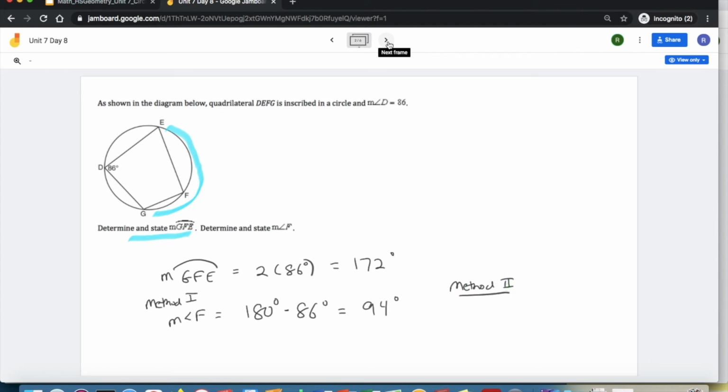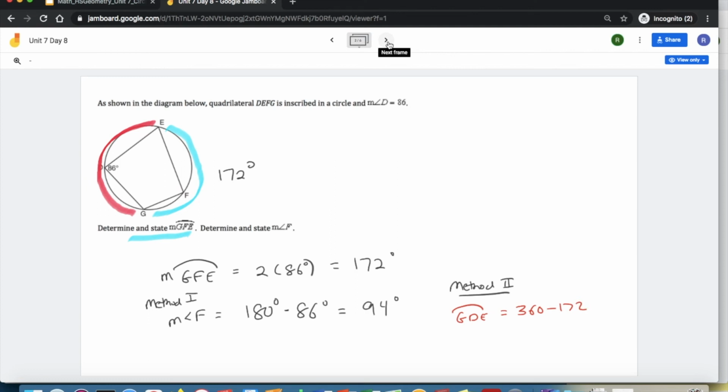For method 2, if we just found out arc GFE was 172 degrees, we could figure out the rest of the arc, which I'm going to highlight in red here. That's going to be arc GDE. To find arc GDE, I'm going to do 360 degrees minus 172.